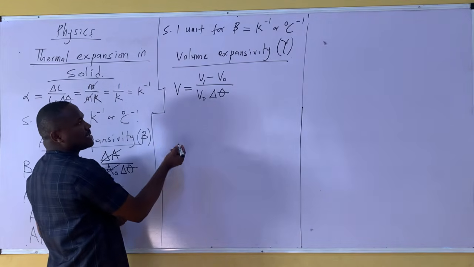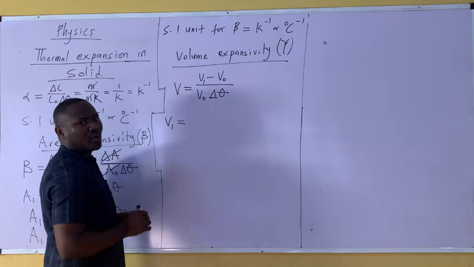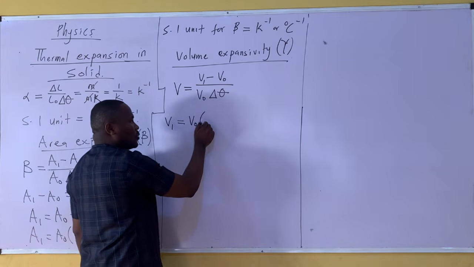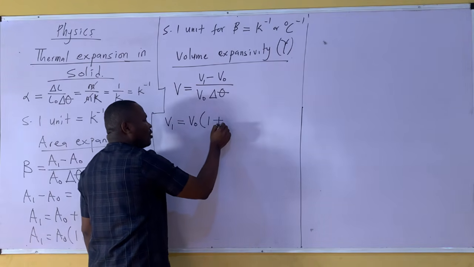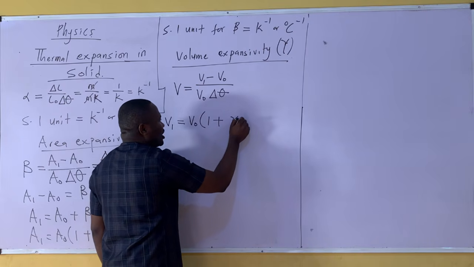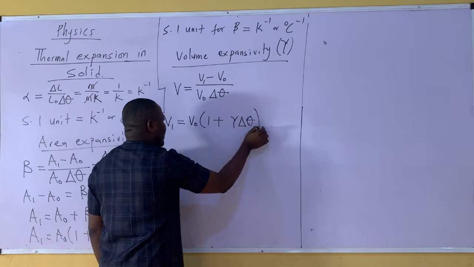So without wasting time, what will be our V1? If you understand how it works, our V1 will now be equal to V naught open bracket 1 plus gamma change in temperature. That is how we'll have our V1.